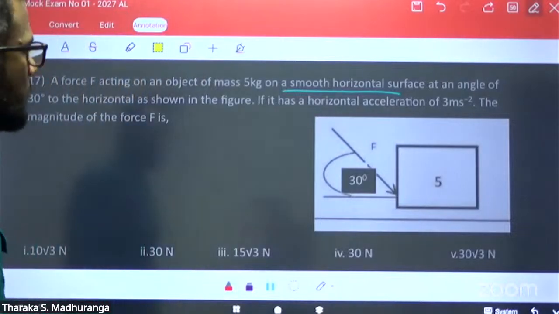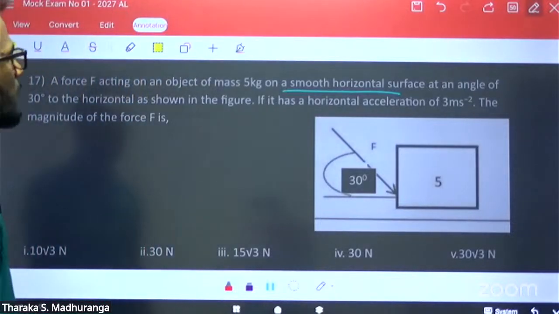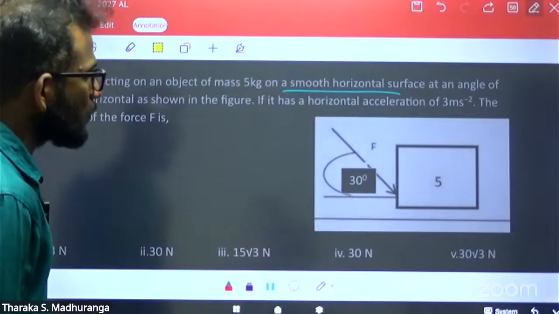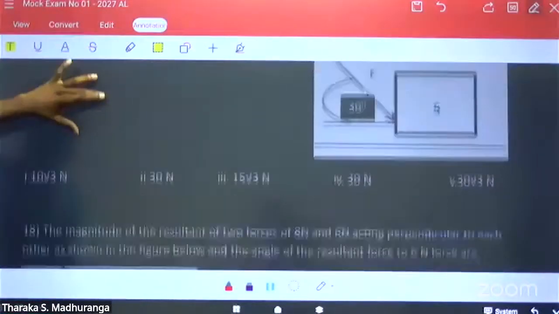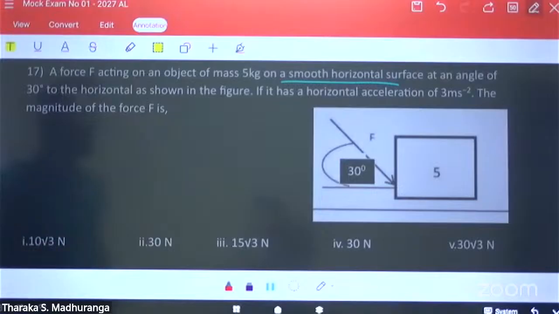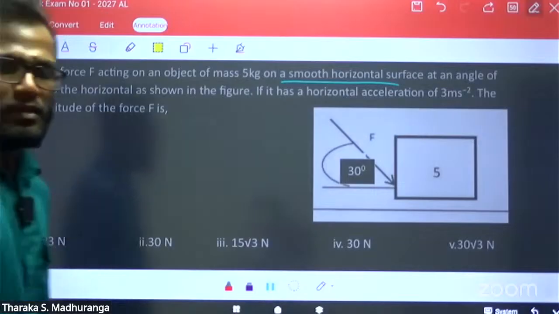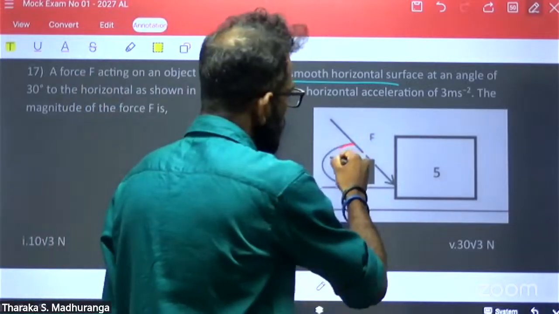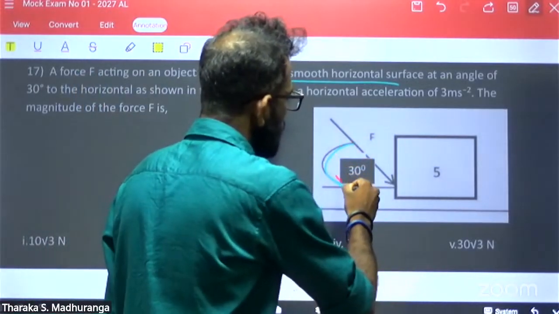The force acts at an angle of 30 degrees to the horizontal as shown in the figure.